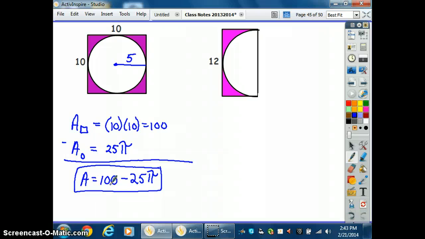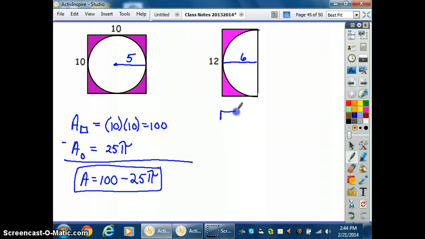Okay, now this next one. Oh, we have a half a circle, and we have a rectangle. If I drew that in, wouldn't that radius be 6?